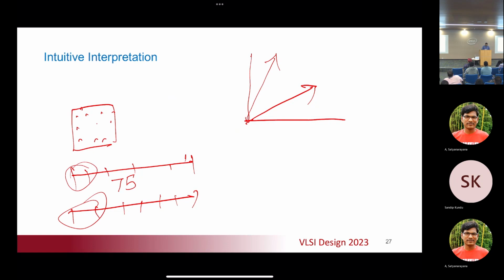Suppose this is my image. If I take the dot product between these two and between those two, what will happen? What is the dot product?